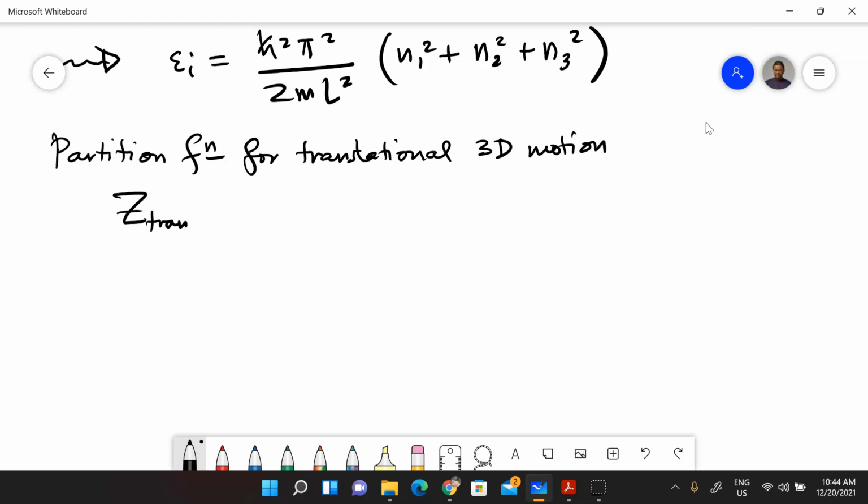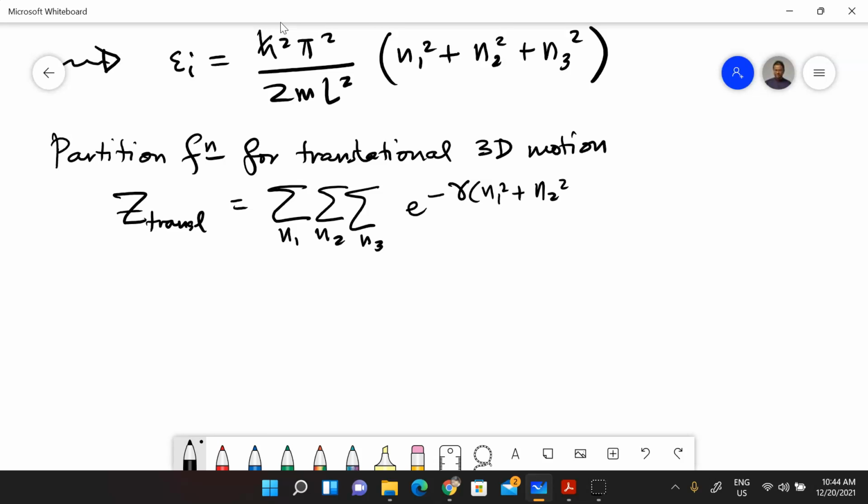Z translational equals the sum over all possible n1, n2, and n3 of exponential minus gamma, which comes from that constant there, times n1 squared plus n2 squared plus n3 squared. But this addition of exponents you can simply write as a product, so I can separate it out as follows.